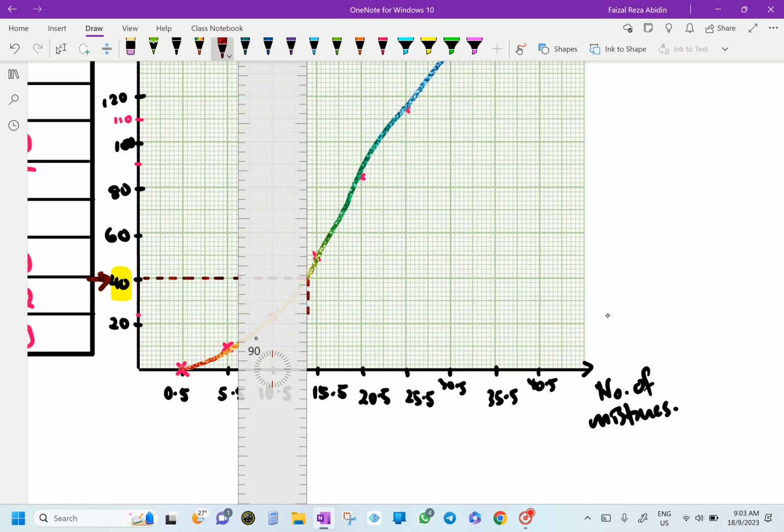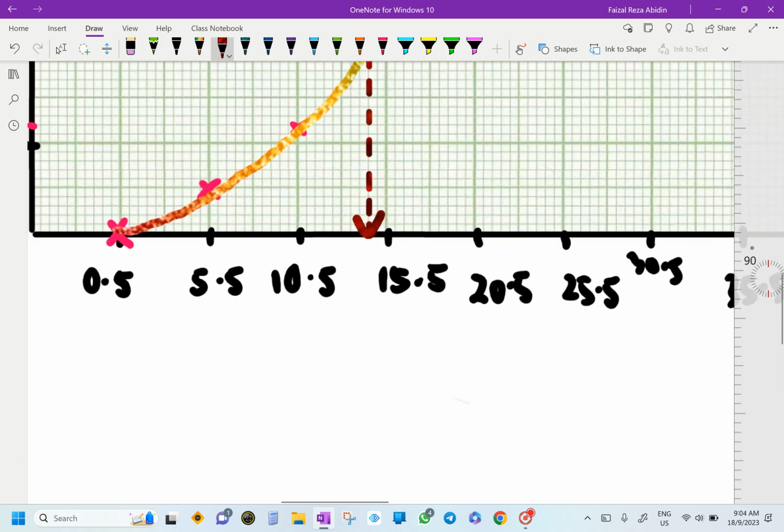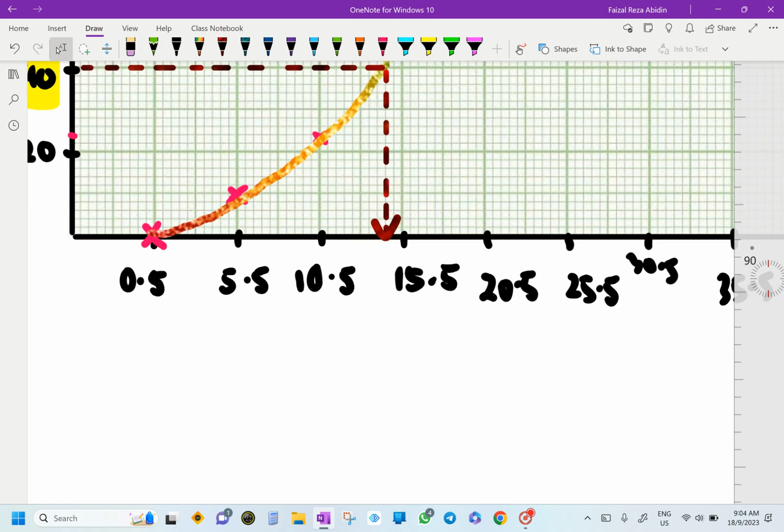And then I'm going to have over here the number of mistakes. What do you get? I'm going to get this one. If you look over here, I'm going to get 1, 2.